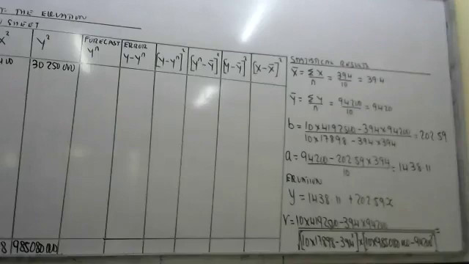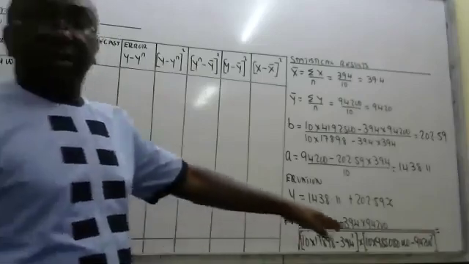The value of x bar is 39.4, that's okay. Y bar is 9,420, that's okay. The value of A, 1438.11, that's okay. The value of B, 202.59, that's okay. 0.99. So have you noted where we are there?